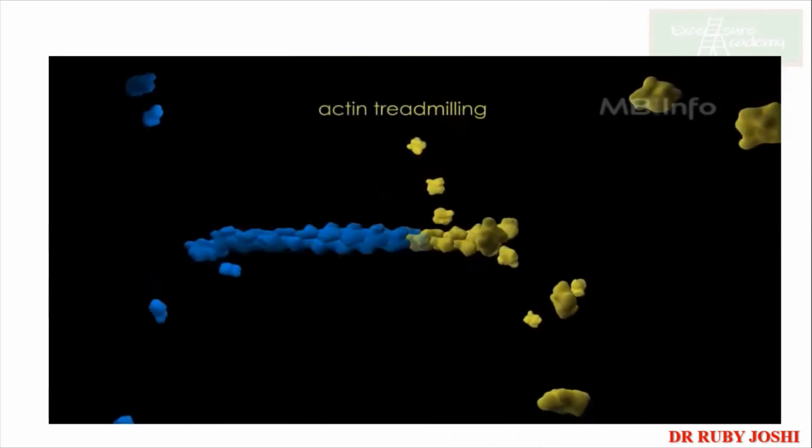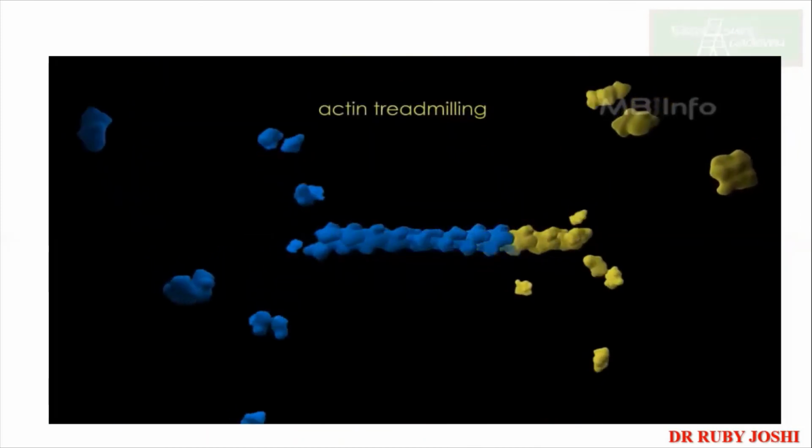Minus end से depolymerization is happening. This is your actin treadmilling.